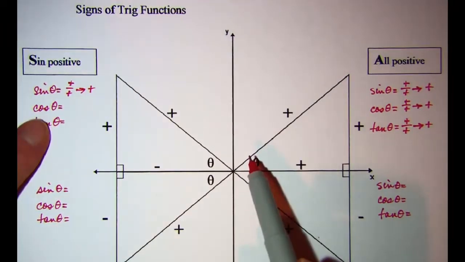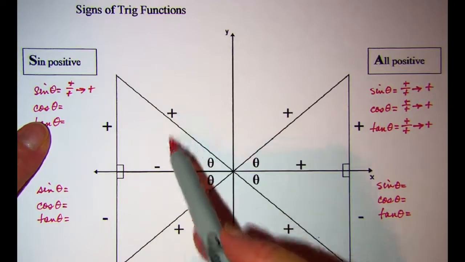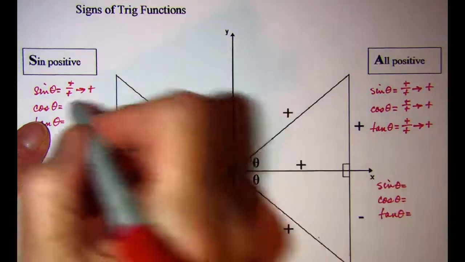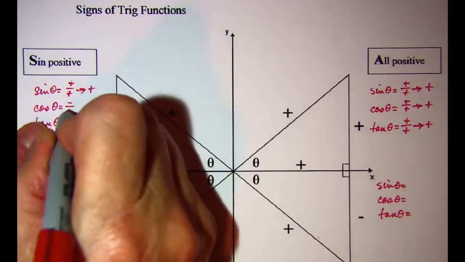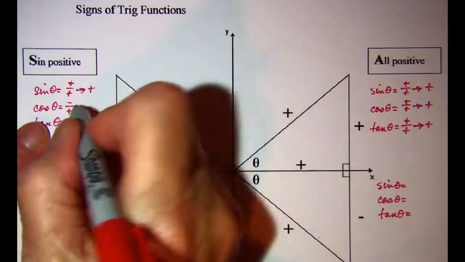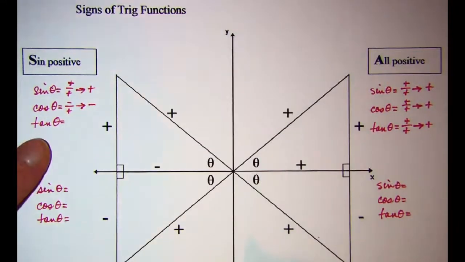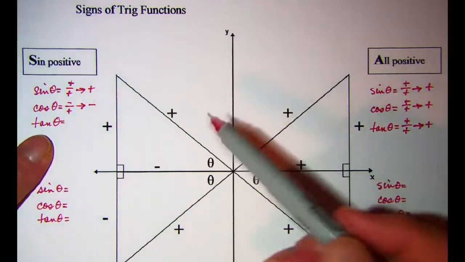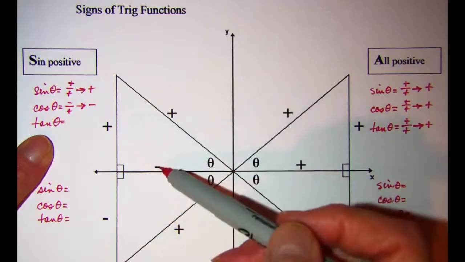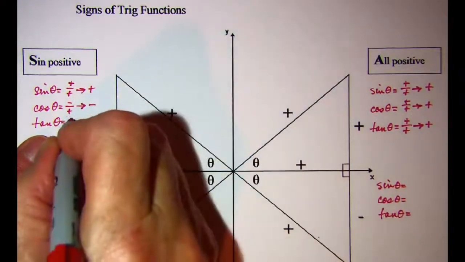My cosine is defined as adjacent over hypotenuse, so I have a negative divided by a positive. And anytime you take a negative number and divide it by a positive number, you get a negative. And then my tangent is defined as opposite divided by adjacent, so positive divided by negative.